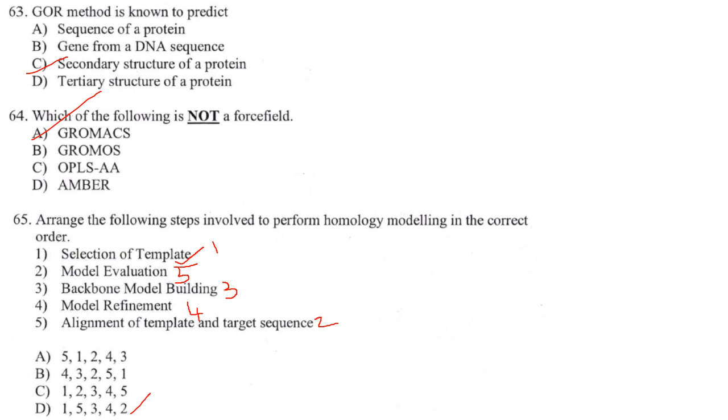Then arrange the following steps involved to perform homology modeling in the correct order. So first will be selection of the template. That is 1. Then comes alignment of the template and target sequence. 2.